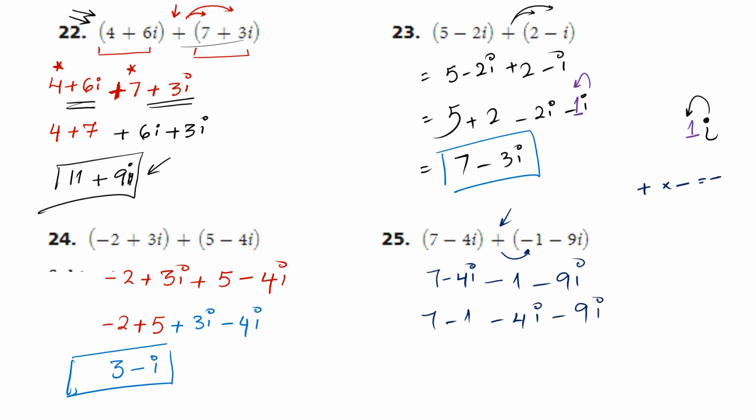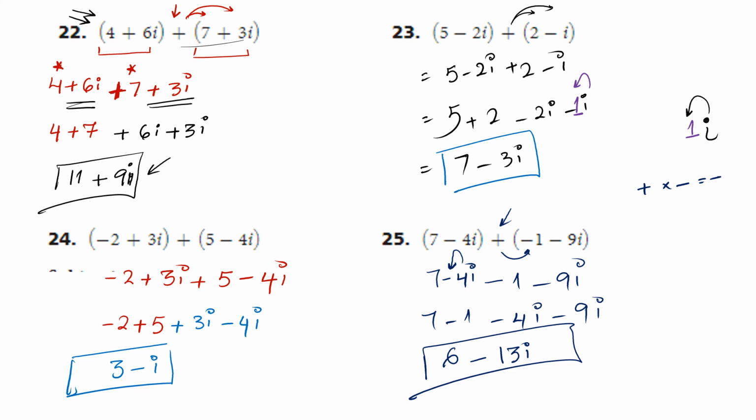When you write the imaginary part, always write the sign which is before the imaginary part, not after. 7 minus 1, 6. Minus 4 minus 9i gives us minus 13i. And this is how we perform the addition on the complex numbers.